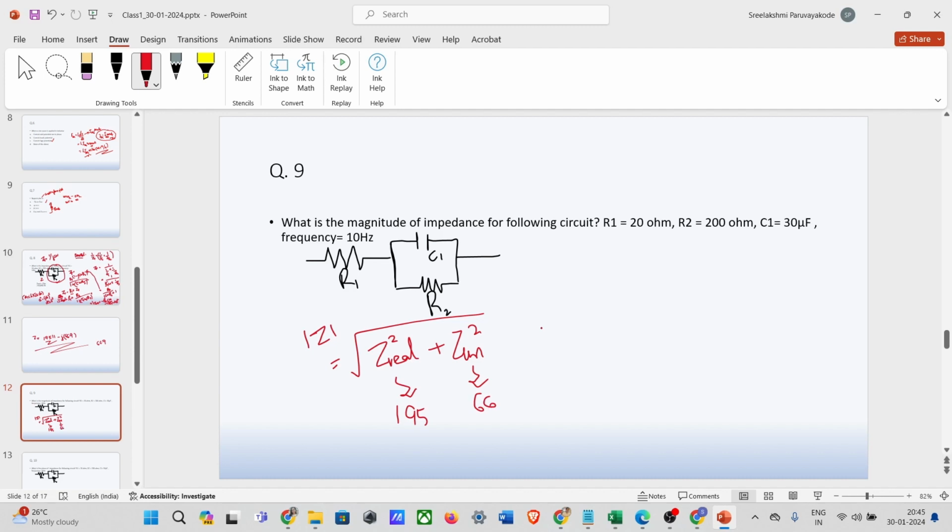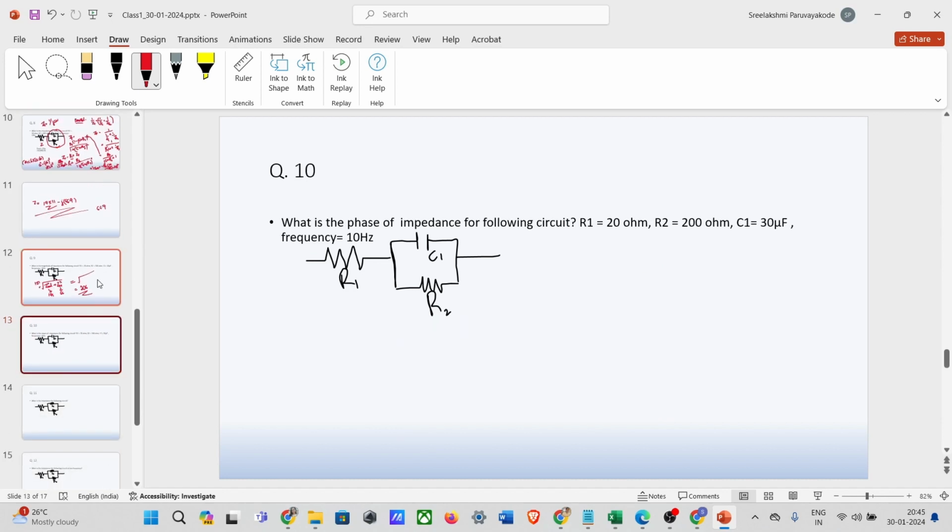Then you will do the square root of this, and you will get around 206 to 207. This is the magnitude. I hope that is clear to everyone.